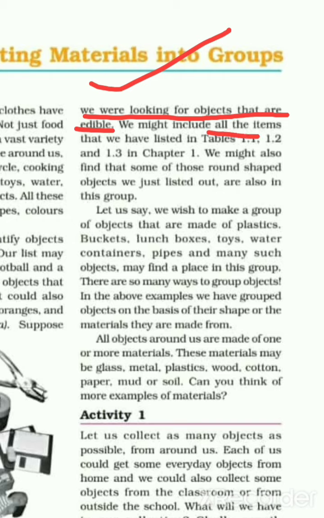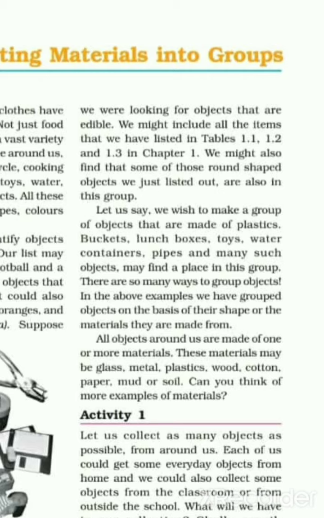So we might include all the items that we have listed in tables 1.1, 1.2 and 1.3 in chapter 1. We might also find that some of the round shaped objects we just listed are also in this group. As you know, in chapter 1 we studied different types of ingredients included in food items.